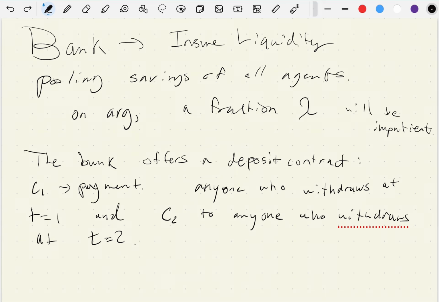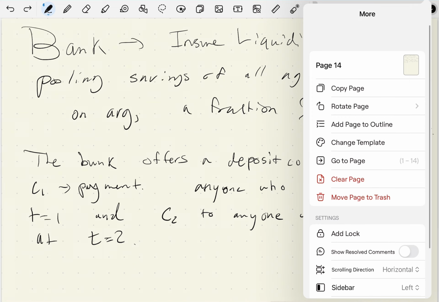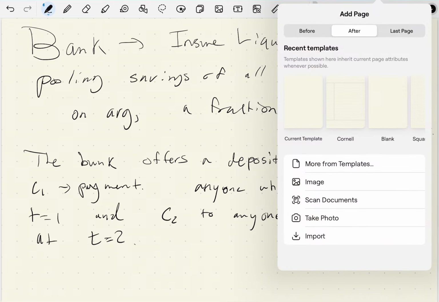All right, and so let's derive something, and we're going to derive the optimal deposit contract. Okay, what does that look like? Well, that's actually going to look like an objective.